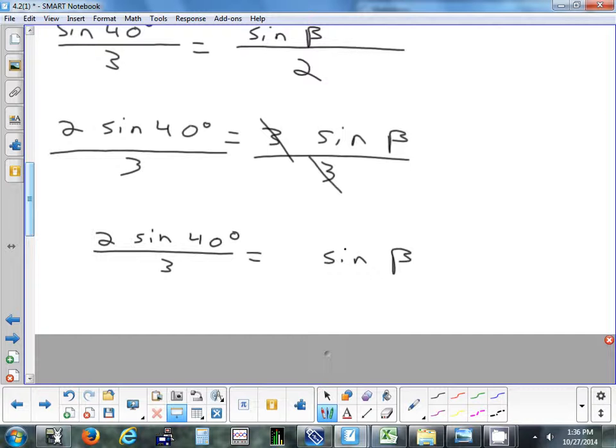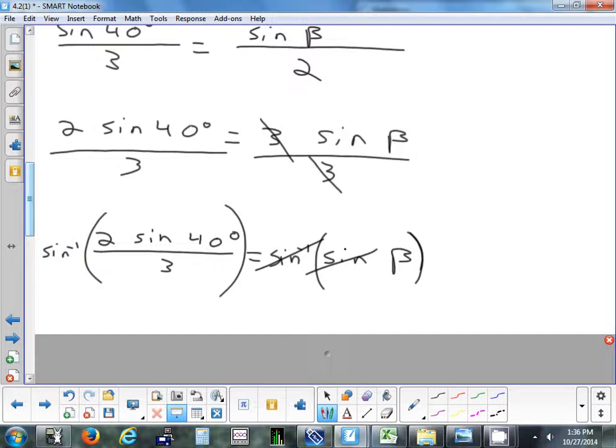But now we want to get just beta. So what do I do to get rid of sine? Yep, I'm going to take the inverse sine. I'm going to plug everything on the right-hand side into inverse sine, and I'm going to do it on the left. I'm going to plug everything in the left-hand side into the inverse sine function.